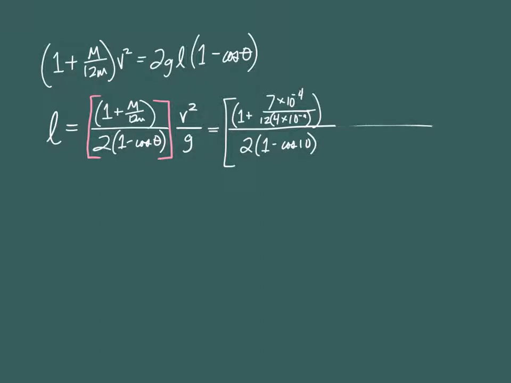I think I made my bar a little too long. And then I have my v squared over g, so I have the 9.6 times 10 to the minus 5 that we calculated earlier. We'll use 9.8 for g, and I get a length.